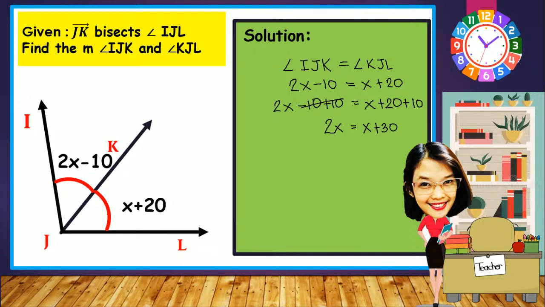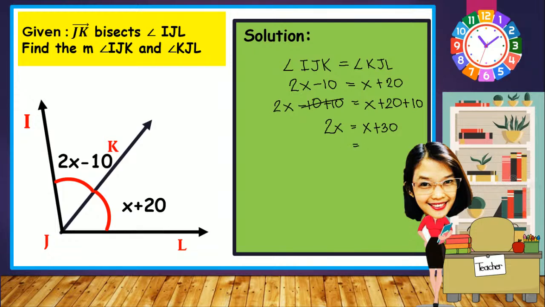Okay. So, tapos na ba ito? Hindi pa. Again, you have to combine similar terms. Pagsamahin yung magkakapareho. So, as you observe, on the right side of the equation, there's still x. So, you have to remove x. What will you do?